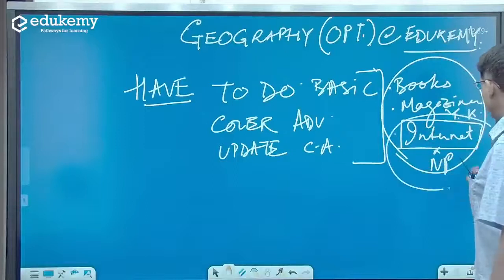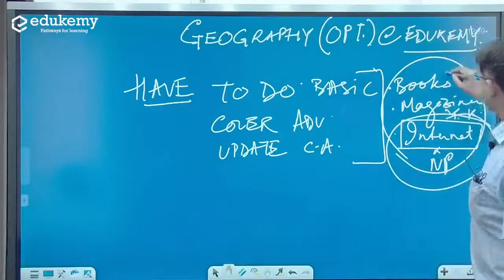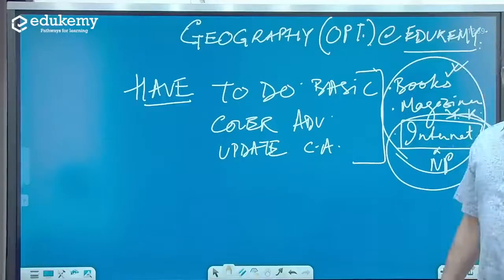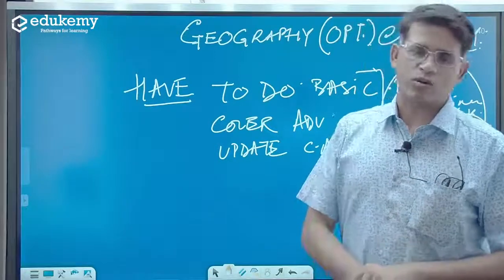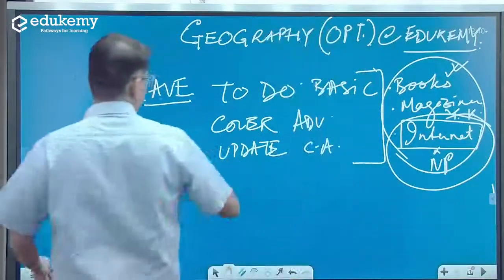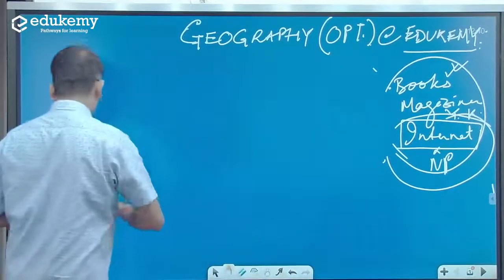But don't bother about the internet and newspapers right now. For now, procure the books that we need and make sure you have access to some good magazines also. So this is the list that I'm sharing with you. The books that you need.